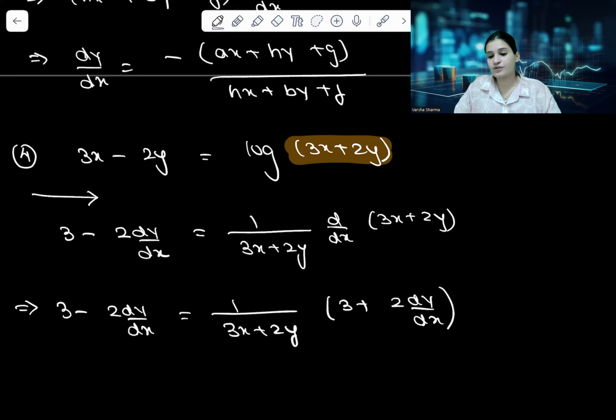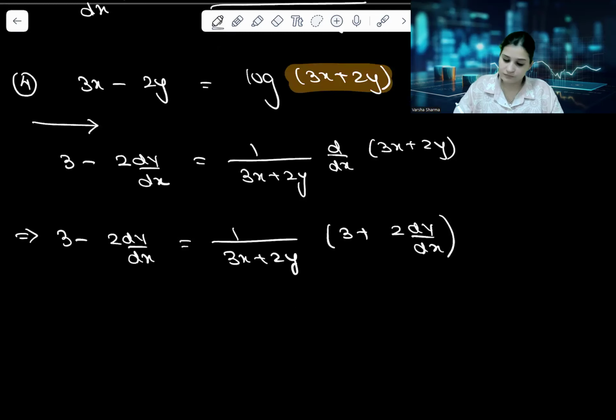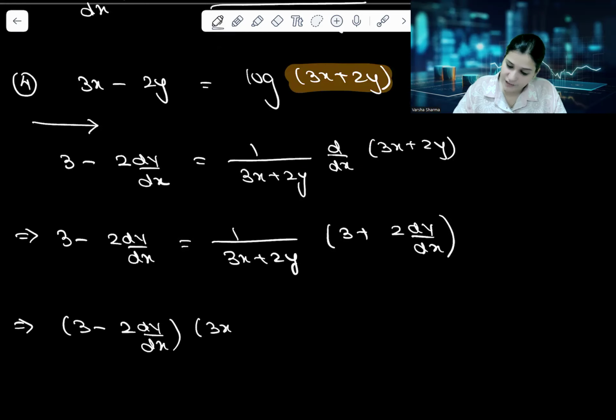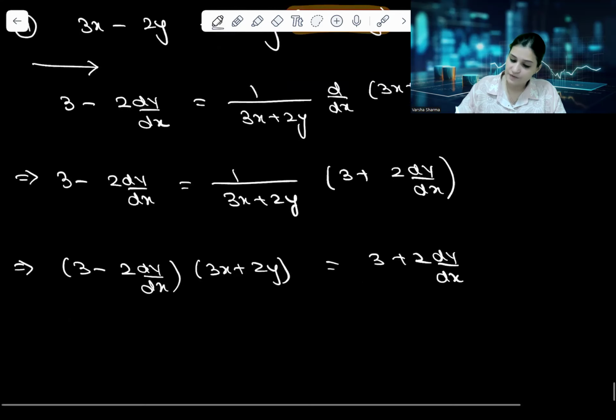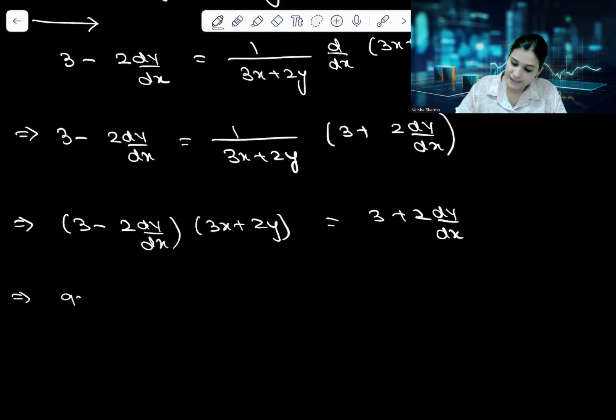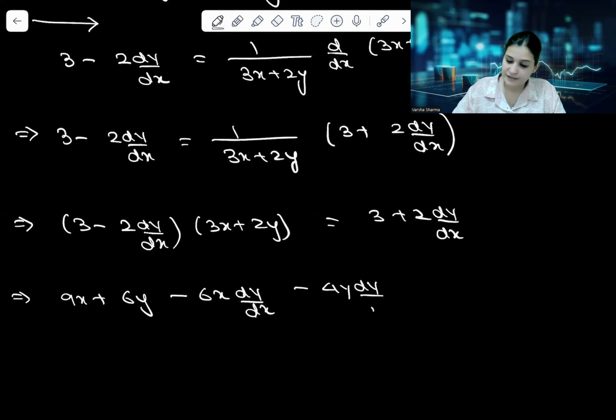Cross multiplication. 3 minus 2 dy by dx into 3x plus 2y equals 3 plus 2 dy by dx. So 9x plus 6y minus 6x dy by dx minus 4y dy by dx equals 3 plus 2 dy by dx.